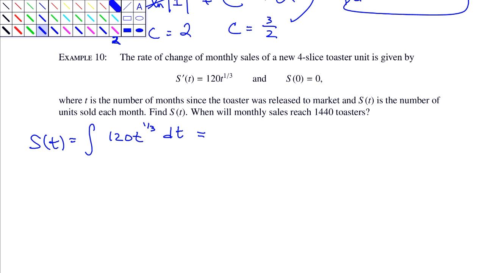Integrate. So this is 120 t. What's the new power on the t? 4/3 divided by the new power plus c.